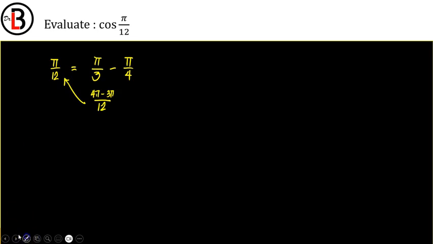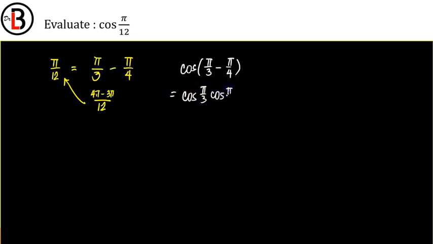So I can say this one could be rewritten as cosine of pi over 3 minus pi over 4. So it's a difference formula. It gives us cosine pi over 3, cosine pi over 4, plus sine of pi over 3, sine of pi over 4.